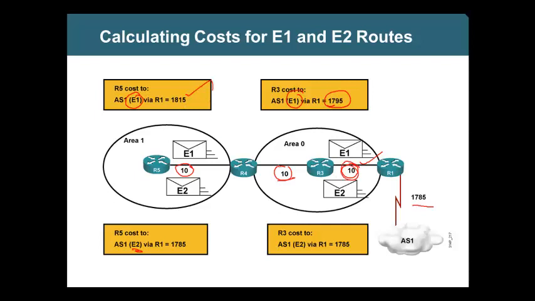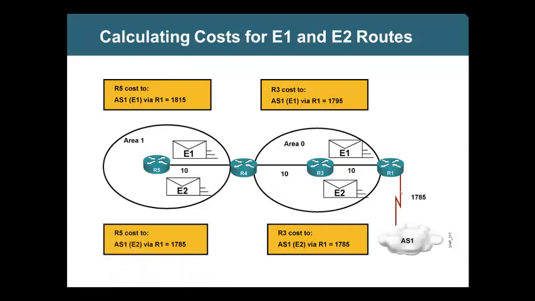If all the path metric is added, then it is called E1, external type 1. What is the default? E2. E2, the path cost won't be added. E1, the path cost gets added.